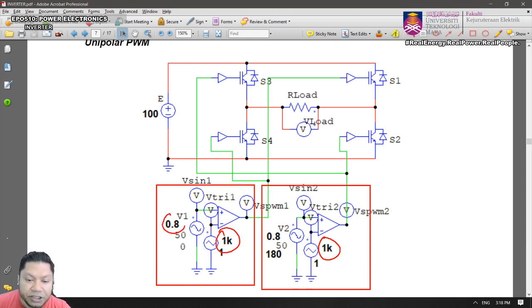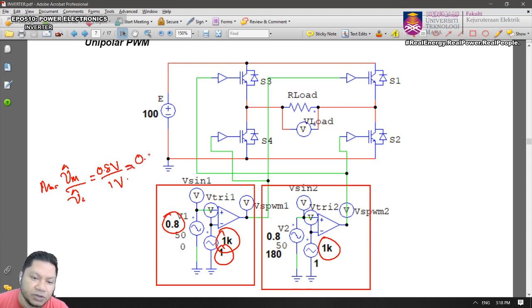And this is the modulation index. Modulation index is always Vm peak divided by Vc peak. So the Vc peak will be 1 volt, the Vm will be 0.8. So here you're going to have 0.8 volt divided by 1 volt, so your modulation index equals 0.8.